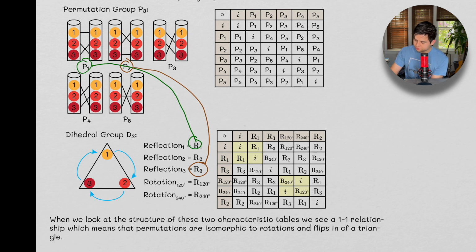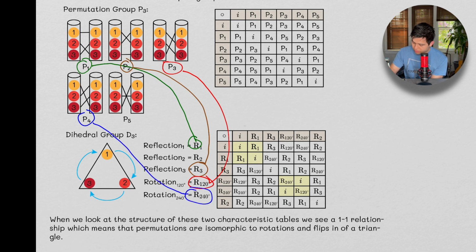And then let's do a different color. P3 is getting mapped to R120. And then P4 is getting mapped to R240.